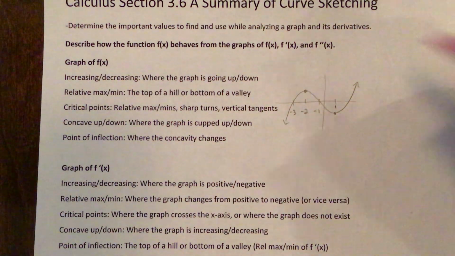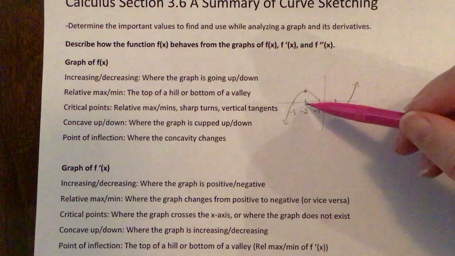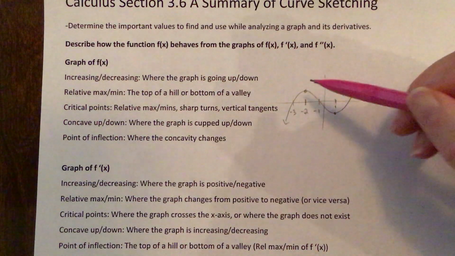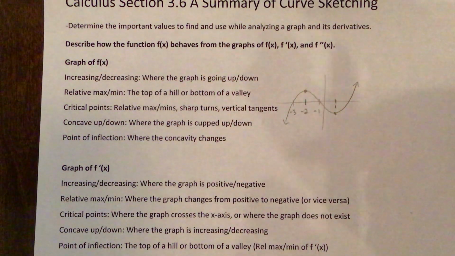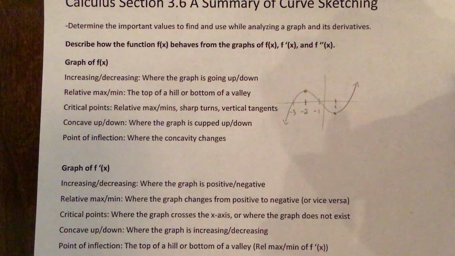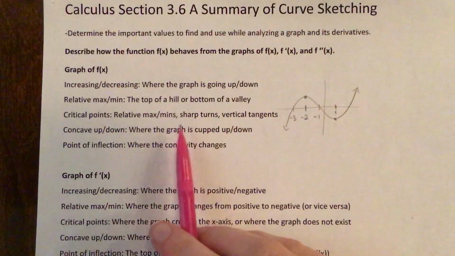Critical points are the x values. Usually we look for the critical numbers, which are the x values where your maxes and mins are, or where you have weird things like sharp turns and vertical tangents. Anytime that your derivative would equal, well, that would be talking about your derivative, right?